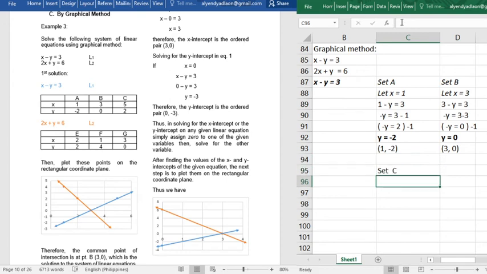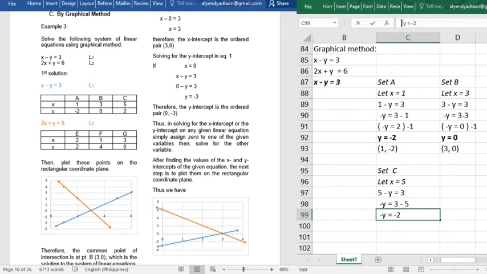Next, in set C, we give x as 5. So, 5 minus y equals 3. Negative y equals 3 minus 5. And then, negative y equals negative 2. 3 minus 5, that is negative 2.